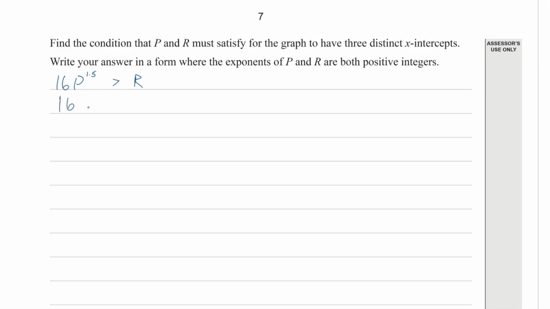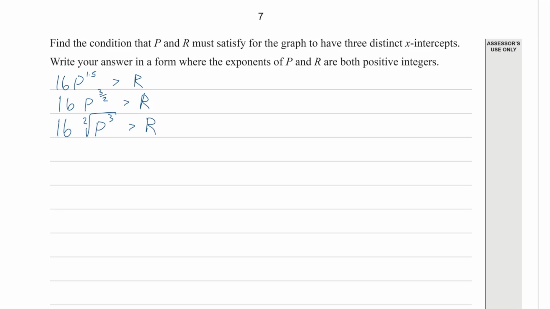What we can do is instead of writing 1.5, we could write 3/2, right? Still not an integer, but when it's in this form, we can then express it in surd form. So that's where it's p to the power of 3, but it's square rooted, right? That's where the 2 is in the denominator, so it's square rooted. Must be greater than r. What next?